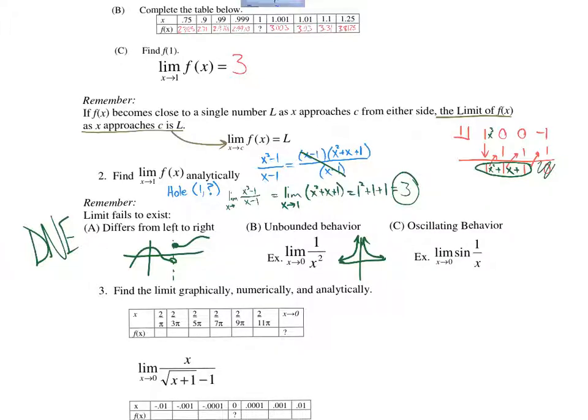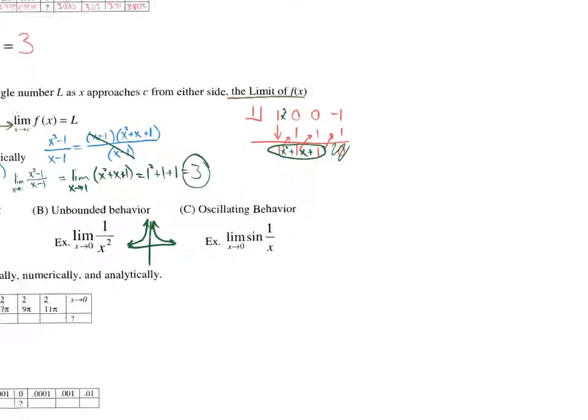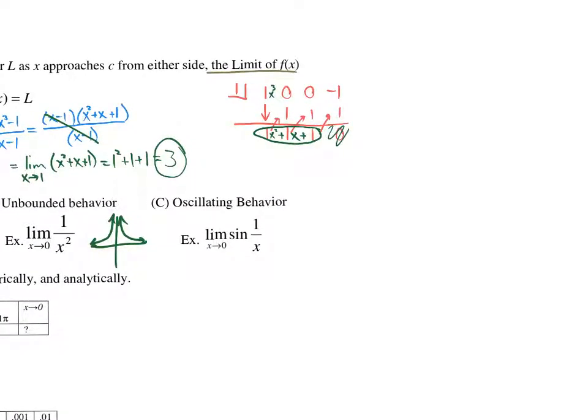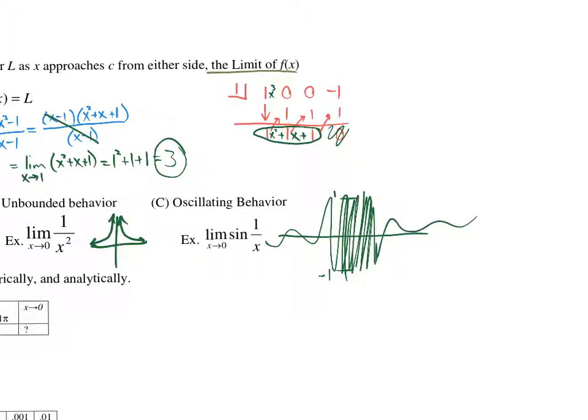But here, this limit as x approaches 0 of sine of 1 over x, what happens here is we have 1 up here and we have negative 1 down here, and basically what ends up happening is it goes back and forth, back and forth, back and forth really, really fast, okay?